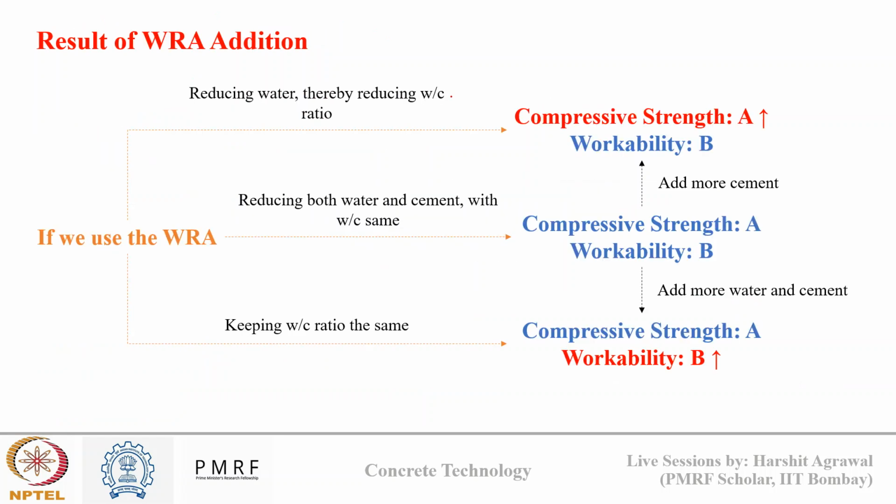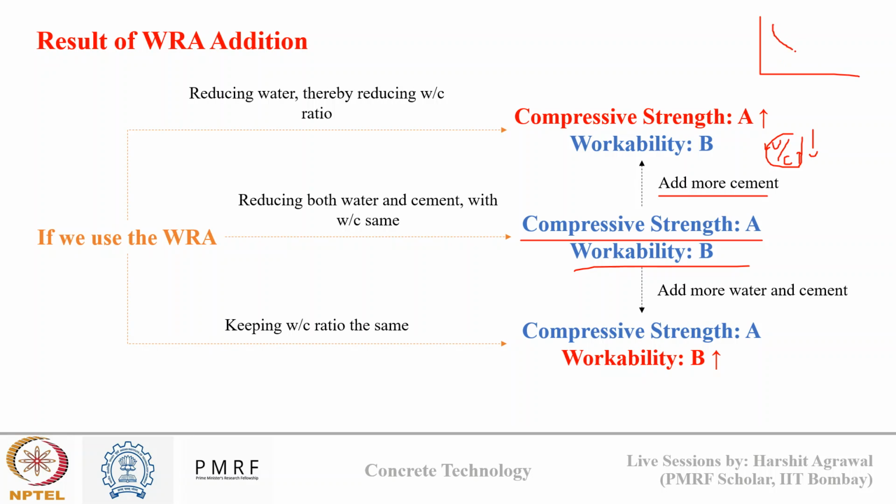This slide just summarizes the action of a water reducing admixture. Suppose you made a concrete having a compressive strength A and workability B. Now, if you want to increase the compressive strength, what will you do? You will add more cement. If you add more cement, your W by C ratio will decrease and your compressive strength will increase.